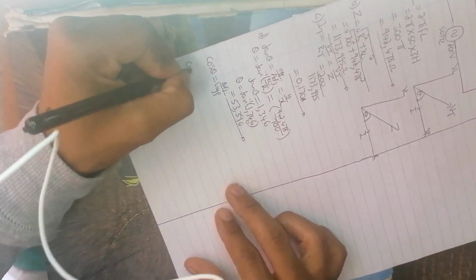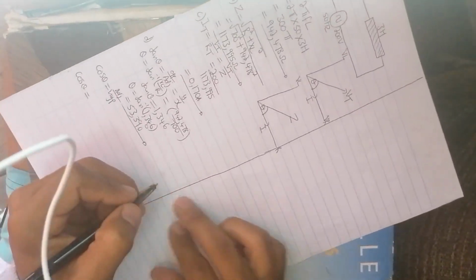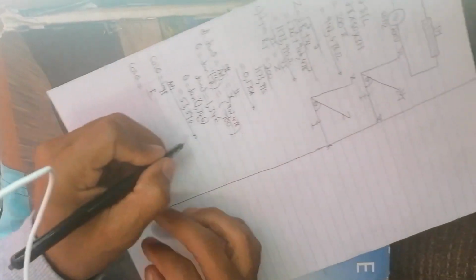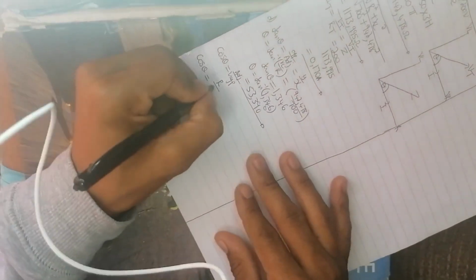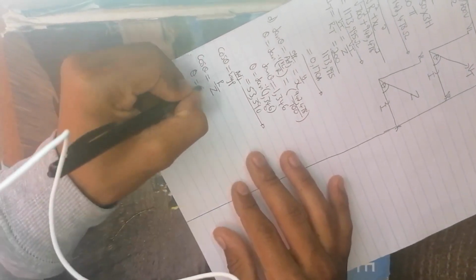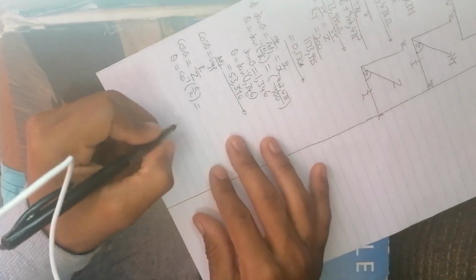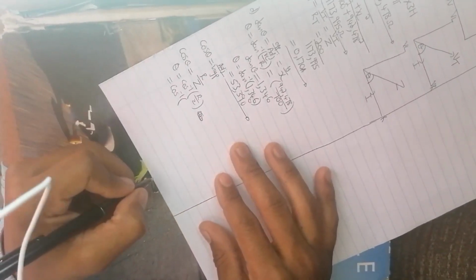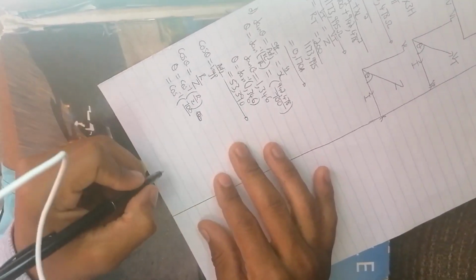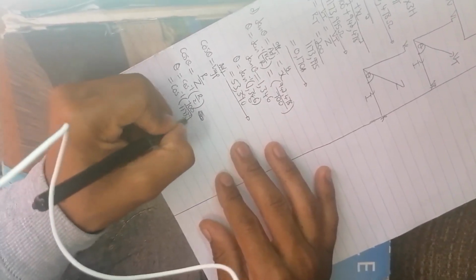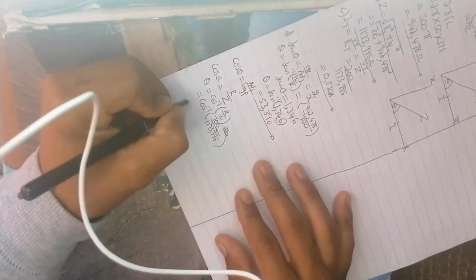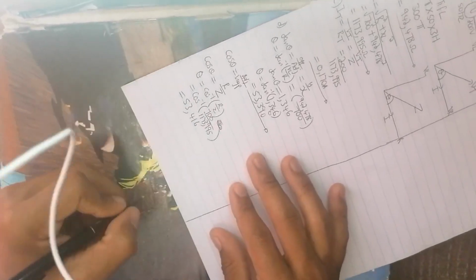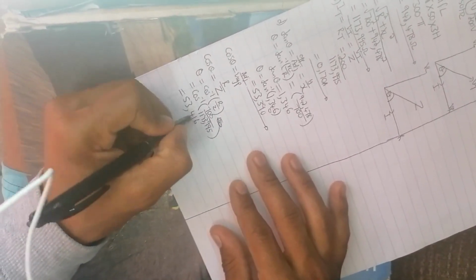So the cosine of theta will be the adjacent, which is the value of R, over the hypotenuse, which is the value of Z. So theta would be arccos of R over Z, which is arccos of 700 divided by 1173.995, and we would find a value of 53.416, and if you round this off, you will get 53.4 degrees.